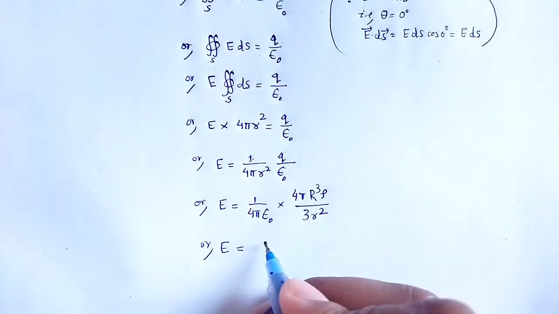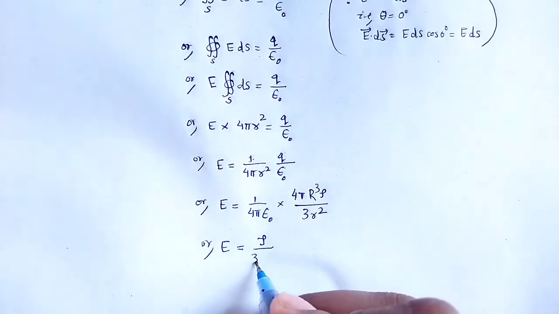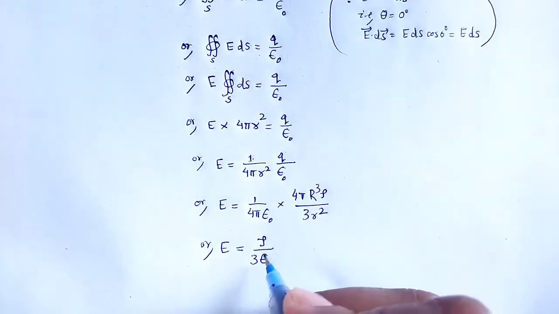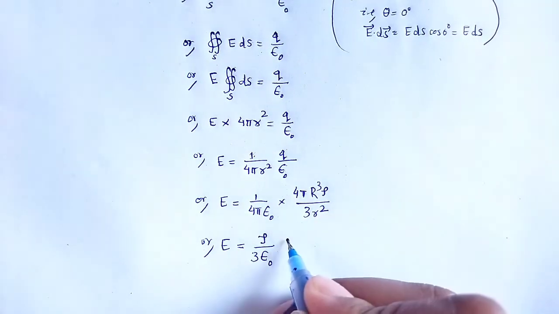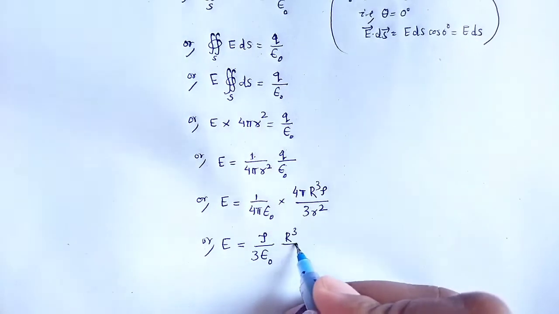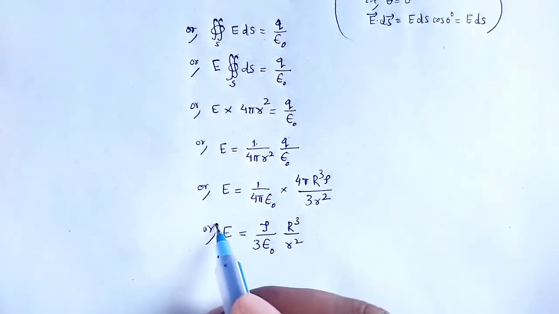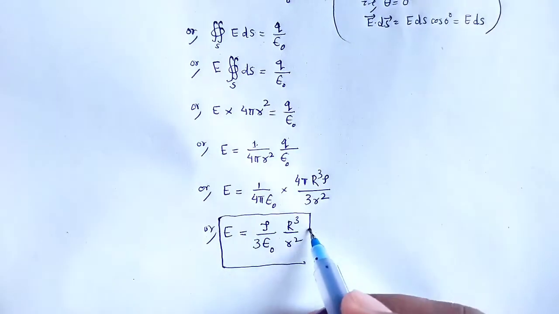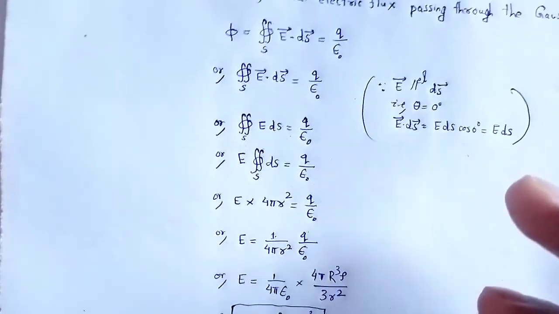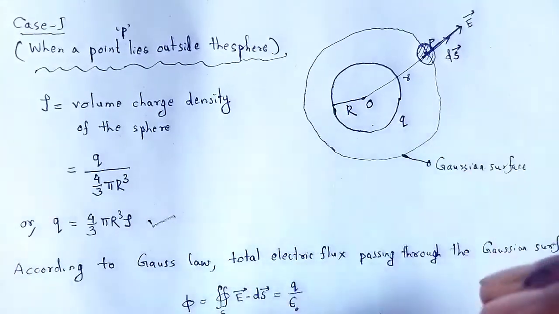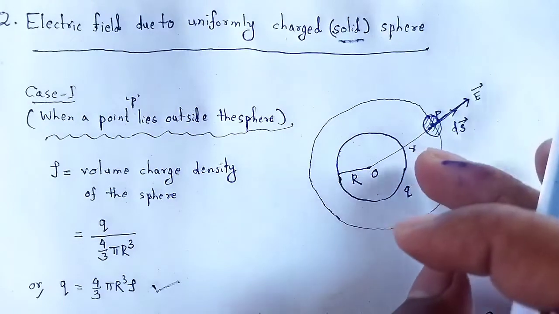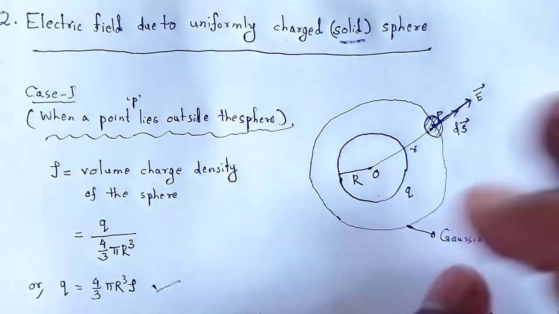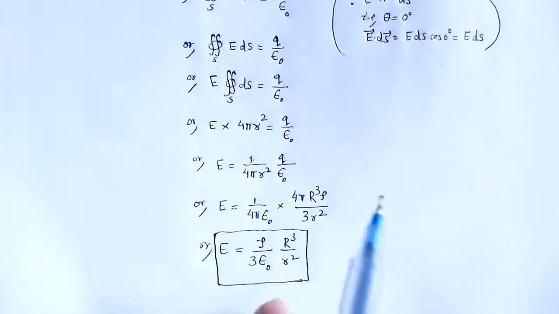On simplification, 4 pi cancels out, and we have rho divided by 3 epsilon naught, R cube divided by r square. That is the electric field intensity at point P, which is outside the solid sphere having charge q.